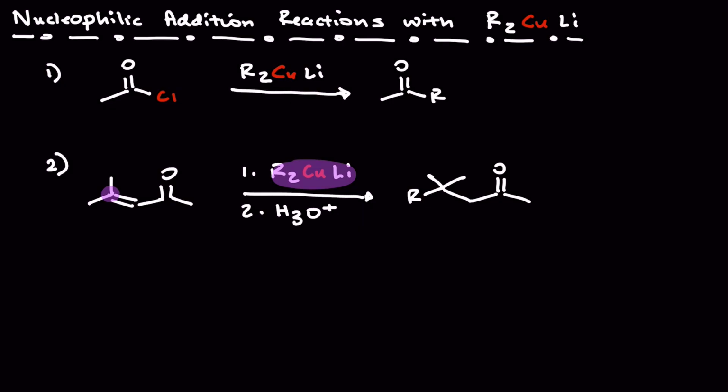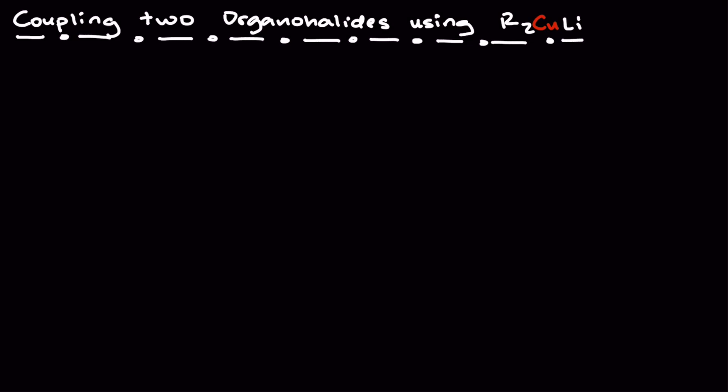So now let's look at a new reaction involving Gilman reagents. This reaction we're going to focus on is the formal coupling of two organohalides together. And this happens when you take a lithium dialkylcuprate, which has its own R group, and an organohalide, which has its own R group.